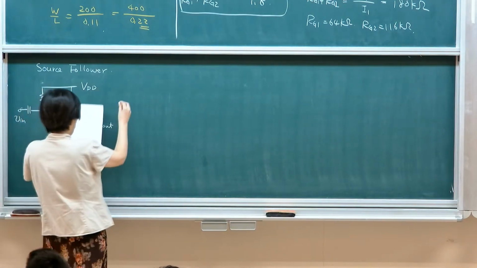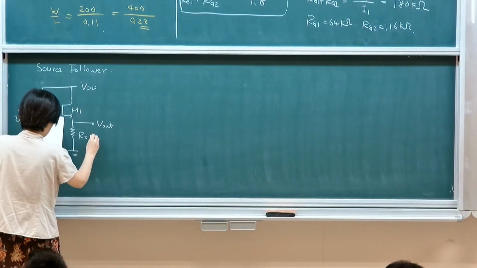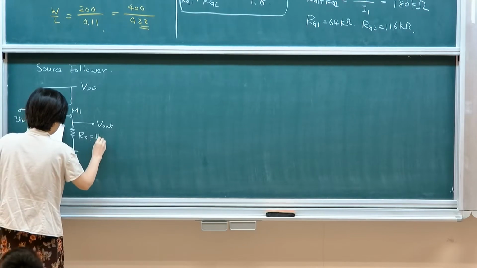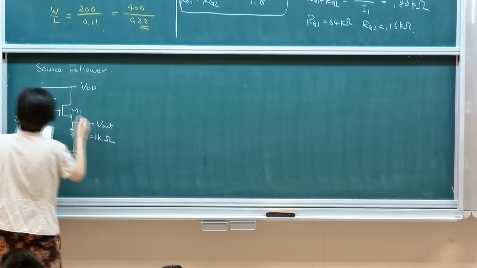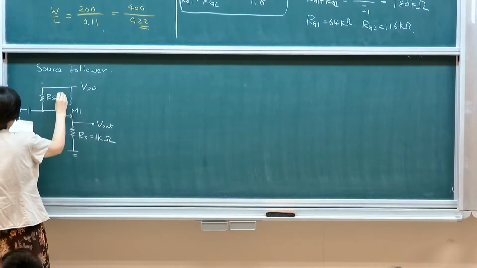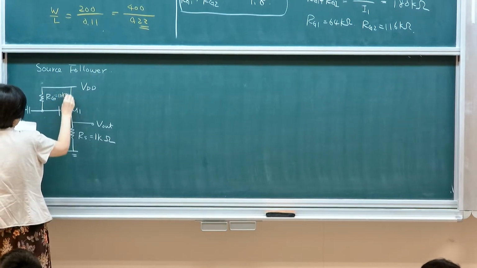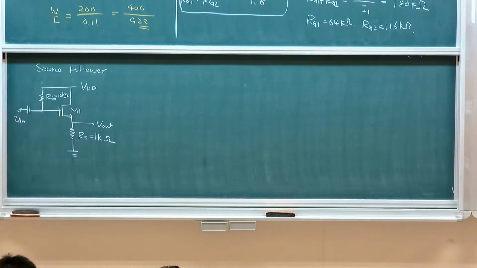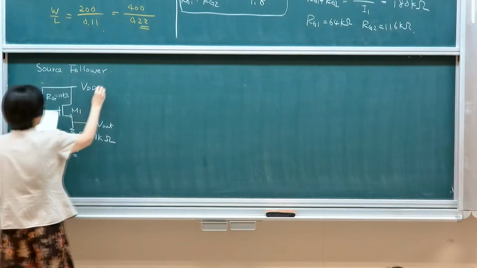So let's say I'm just going to set it up first. So this is 1 k ohm. And this can be an arbitrary number. This does not really change too much, only in terms of speed. So you don't actually care. There's no DC current flow. Okay, and this is 1.8.